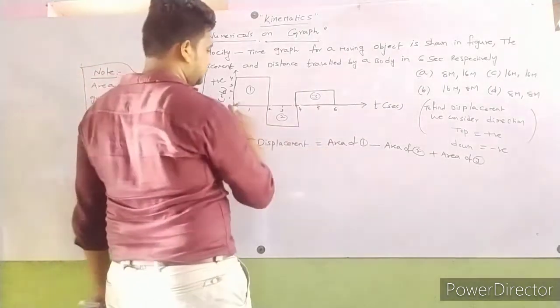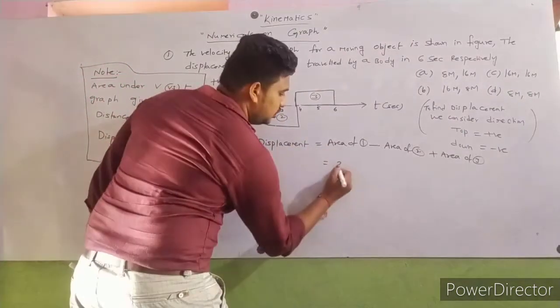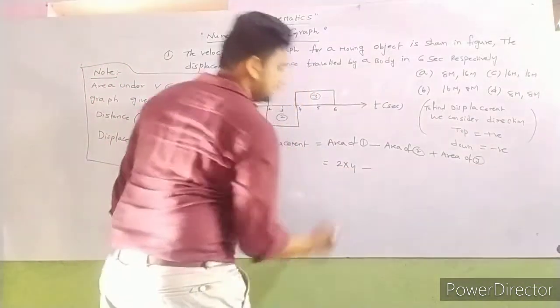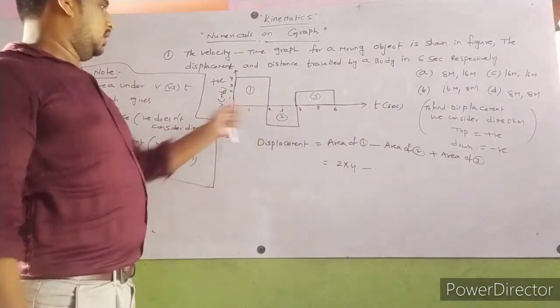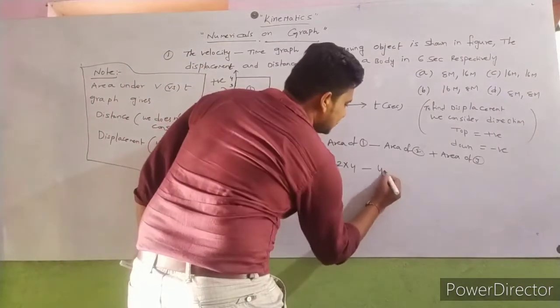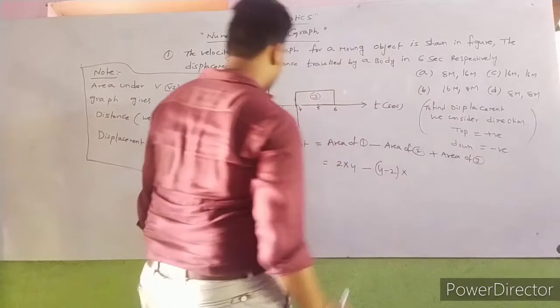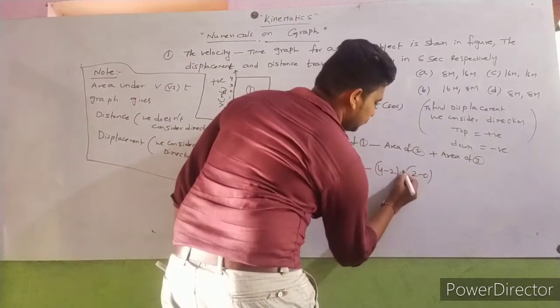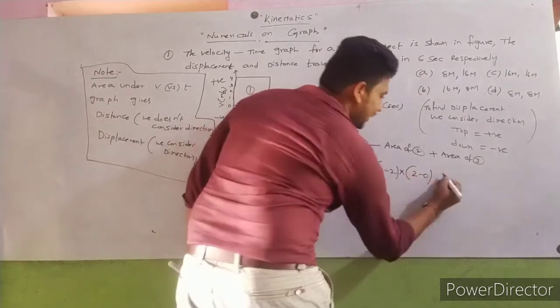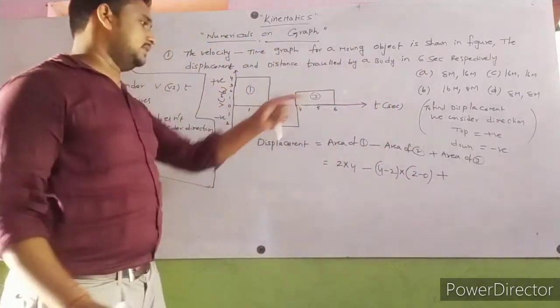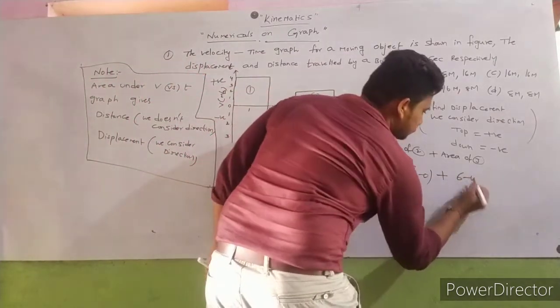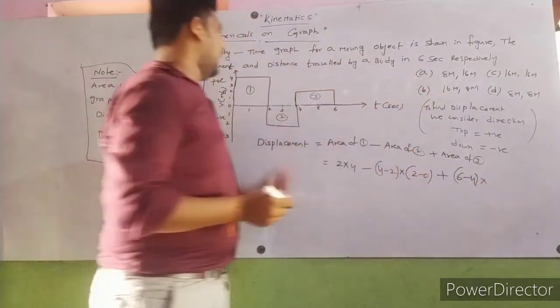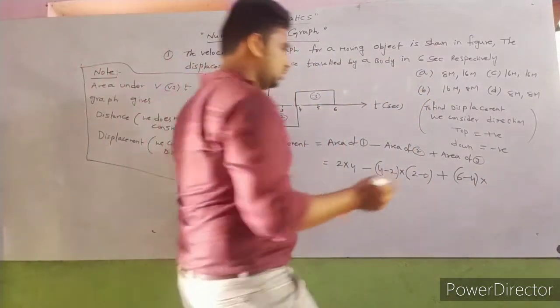Area of 1 is 2 into 4, minus area of 2: x-axis value 4 minus 2, y-axis value 2 minus 0. Next, area of 3: x-axis value 6 minus 4, y-axis value 2 minus 0.